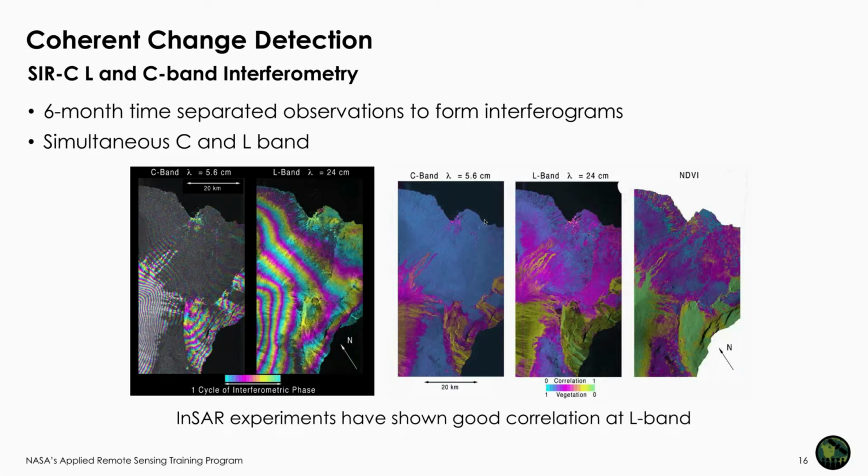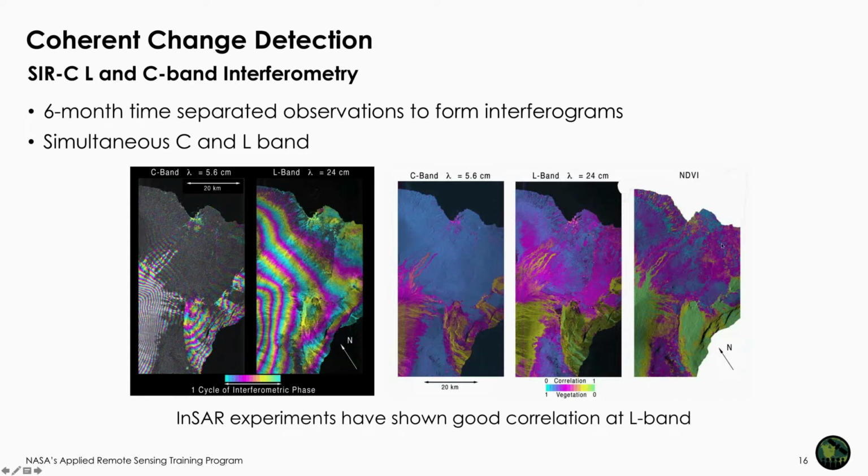Over here on the right, there's these three plots showing measurements of the correlation. Correlation goes from 0 to 1. That's our measurement of coherence. So low correlation is these blue colors, high correlation is these yellow colors. And again, we can see that the C band has low correlation in the vegetated areas. L band has considerably higher correlation.